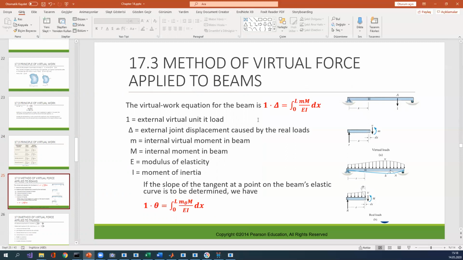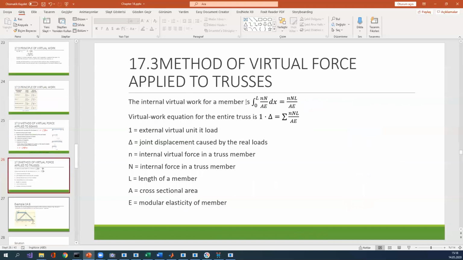So in the virtual work method, when the displacement is needed in the question, we put a unit force for the virtual loading type. If the slope of the beam is needed, we put a unit moment on the beam for virtual loading. So this is the case for trusses.